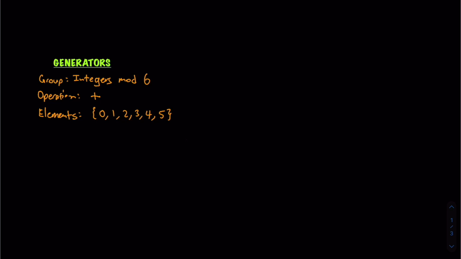The concept I want to introduce now is a generator. A generator of a group is an element that is in the group that if you apply the group operation to this element over and over and over again, you end up getting every single element in the group. Let's take the element 1, for example, and we'll call it G. So G equals 1.